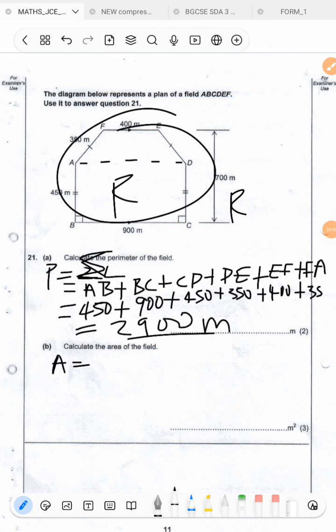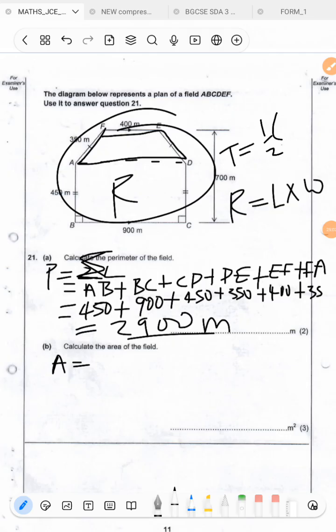That's a rectangle. We know how to find the area of a rectangle. The area of a rectangle is equal to length times width. And then this one here, what's that? That's another shape that we know. How do we find the area of that shape? We know that is going to be half a plus b multiplied by the height. So that's how we find the area of a trapezium.